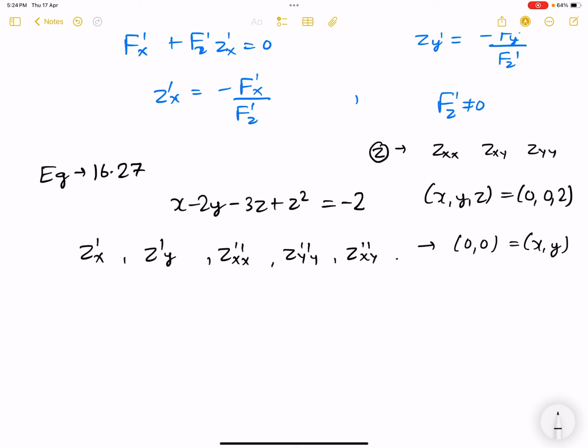Now let this be the equation f(x,y,z) equals x minus 2y minus 3z plus z square equals minus 2. So our c is minus 2.